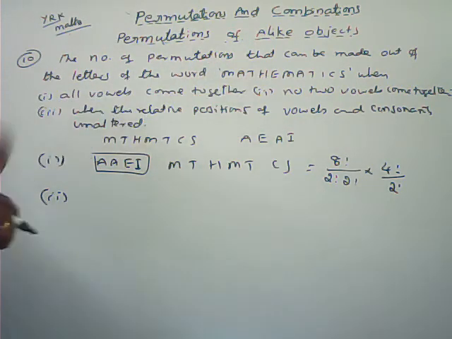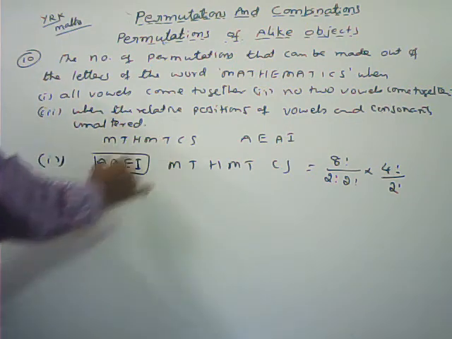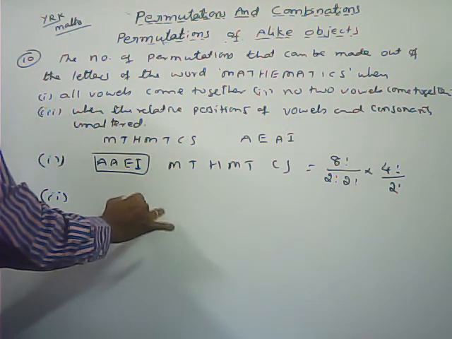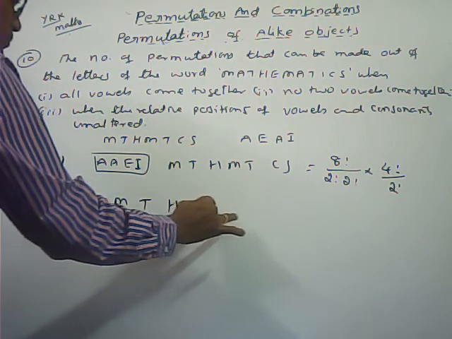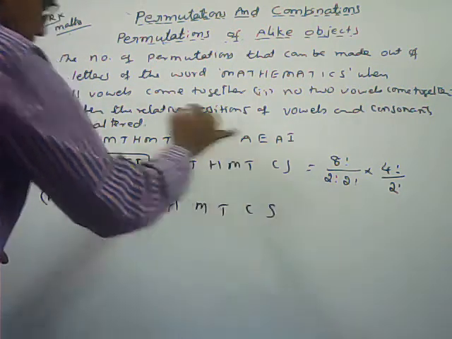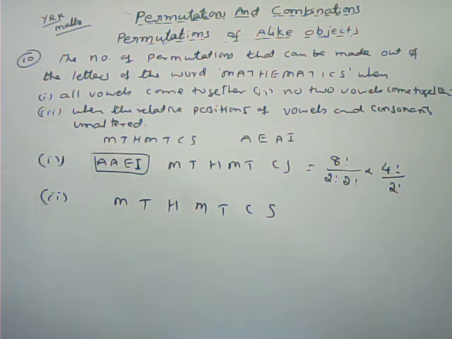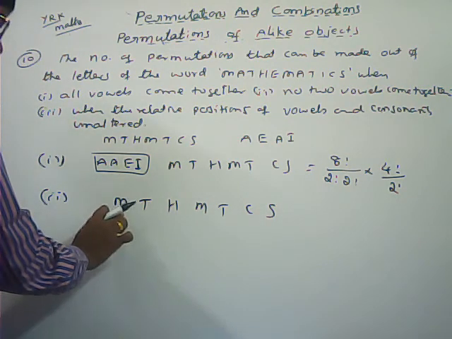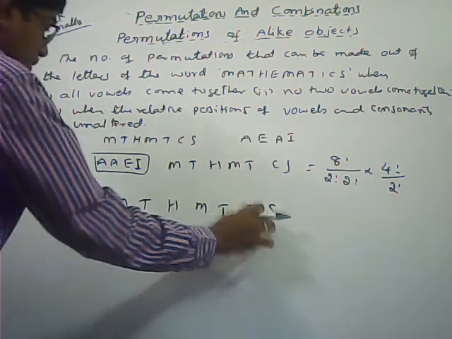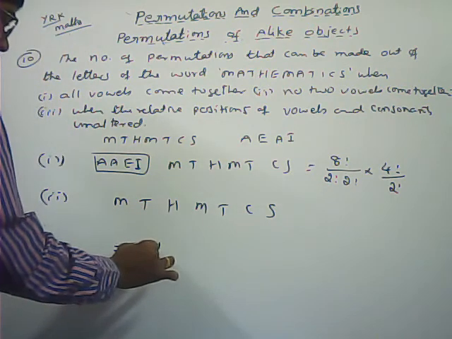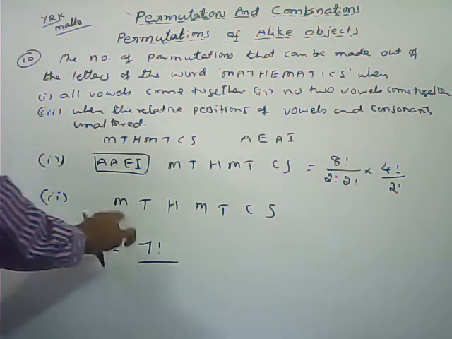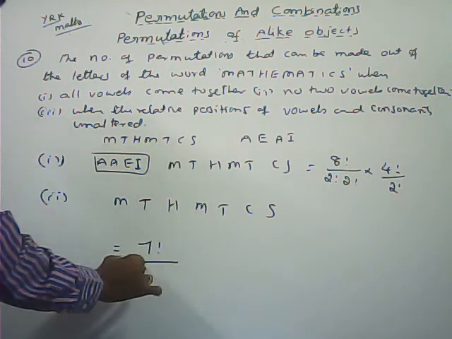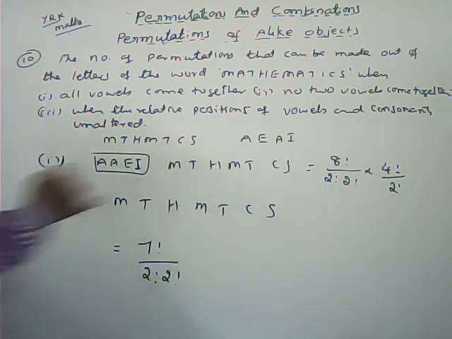No two vowels come together. So first we can arrange the consonants: M, T, H, M, T, C, S. This can be done in how many ways? 1, 2, 3, 4, 5, 6, 7. 7 factorial upon 2 factorial, 2 factorial, 2 M's and 2 T's are there.